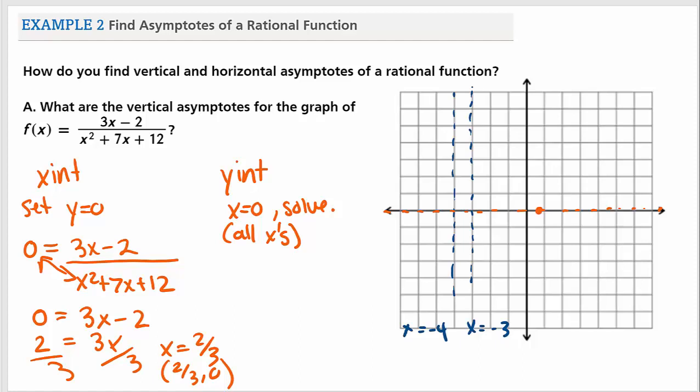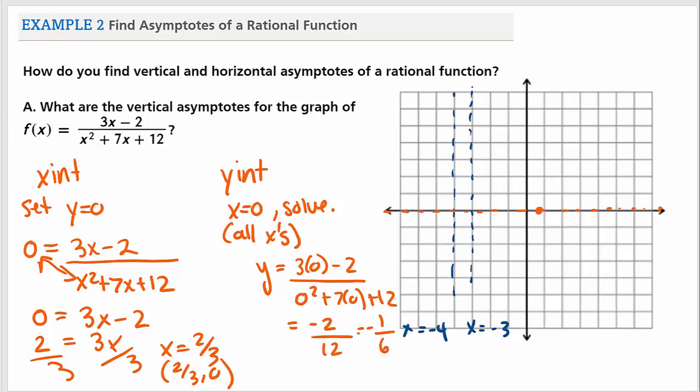Then I'm going to set all my x's equal to 0 to solve for y. We end up getting -2 over 12, which is -1/6. So the coordinate is 0 and -1/6.